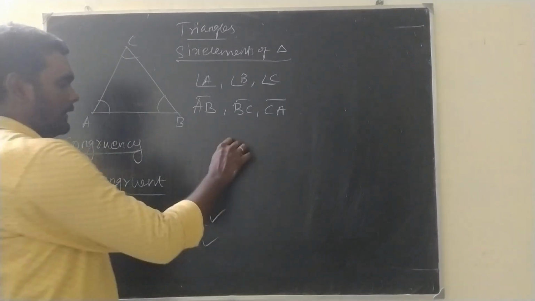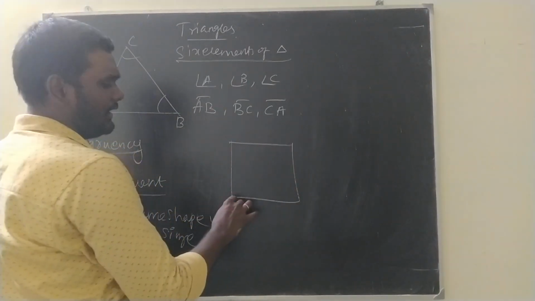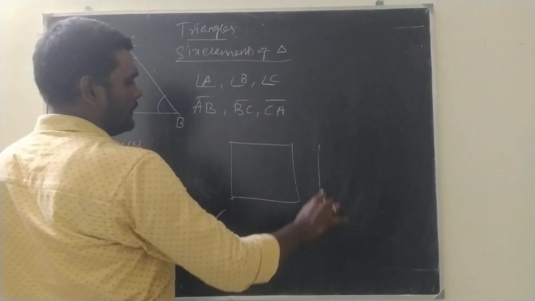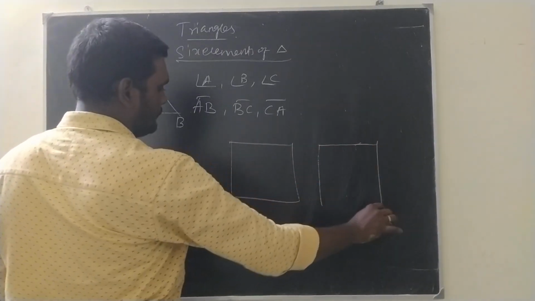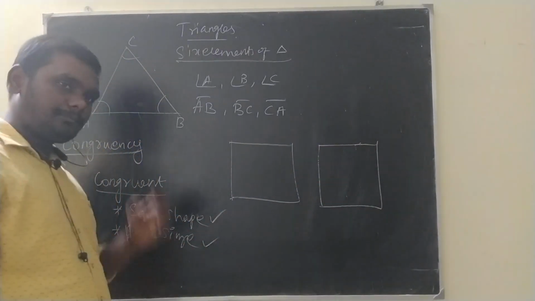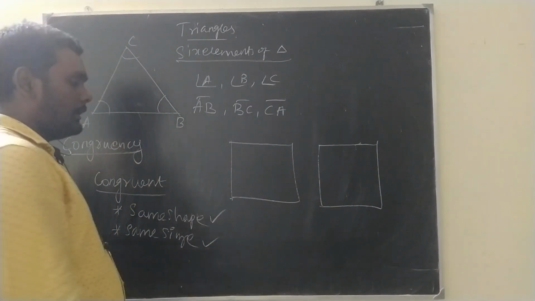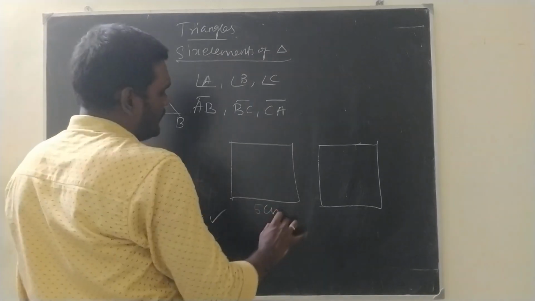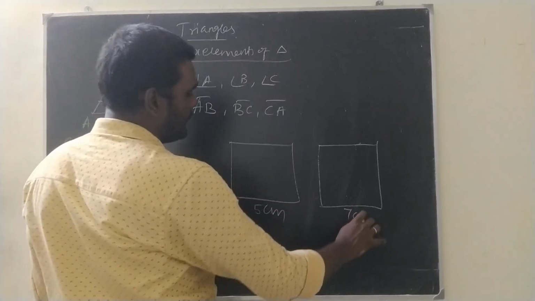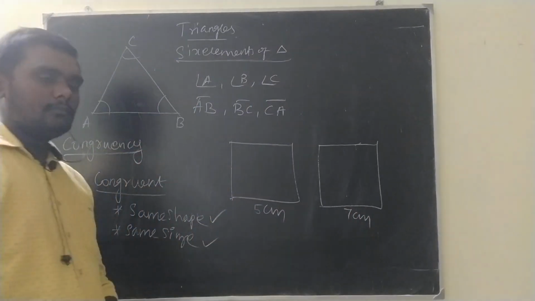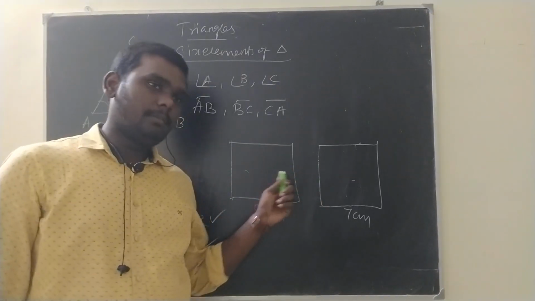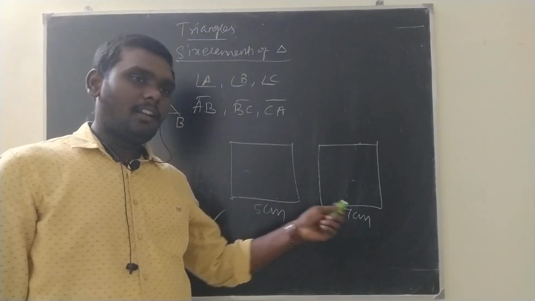For instance, take a square or rectangle, whatever. Square we will take. Are they the same shape? Yes, this is also a square, that is also a square. And this square has side 5 centimeter, that square has side 7 centimeter. It has the same shape, but the sides are not equal.